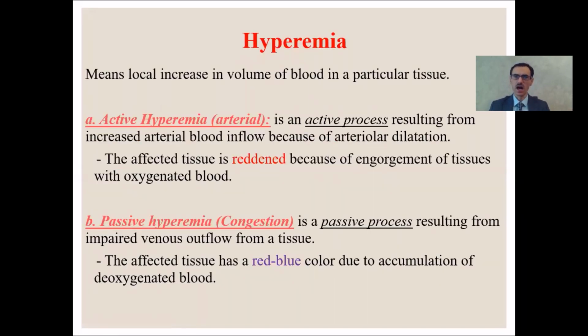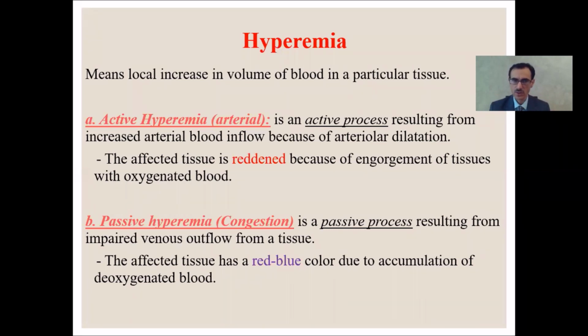Hyperemia. What does hyperemia mean? Hyper, more. Emia is blood. It is the local increase in volume of blood in a particular tissue. There are two types of hyperemia, active hyperemia and passive hyperemia.